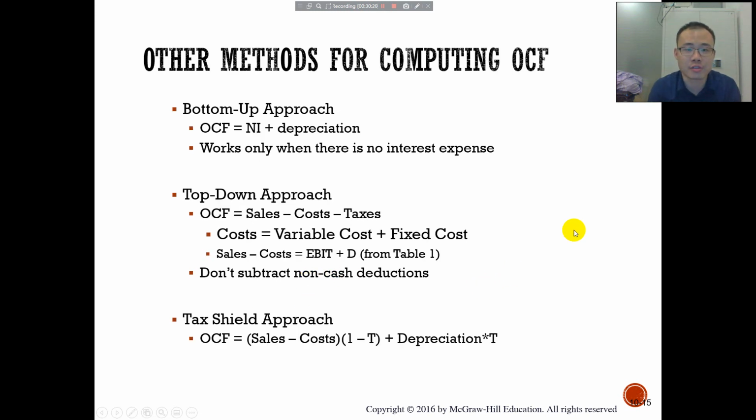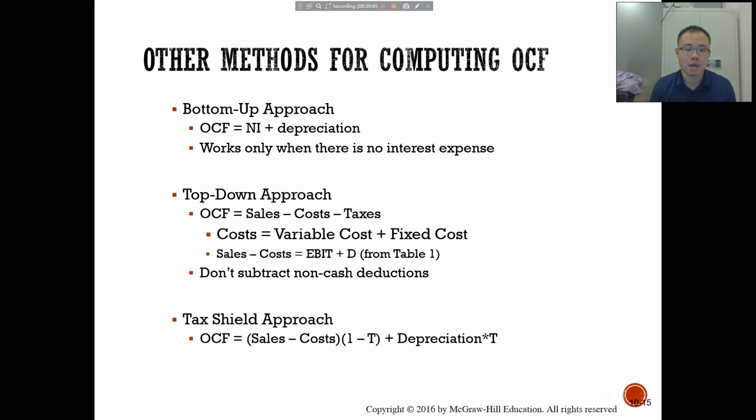There are other methods for calculating the operating cash flows. The bottom up is net income plus depreciation. This is what we said. Top down is that you can calculate it as sales minus costs minus taxes. From the income statement, you will see that it is just the net income plus depreciation.